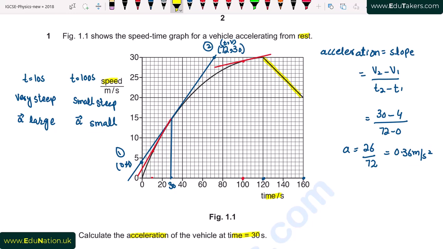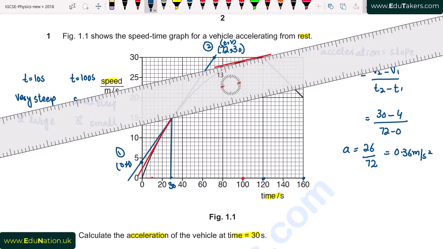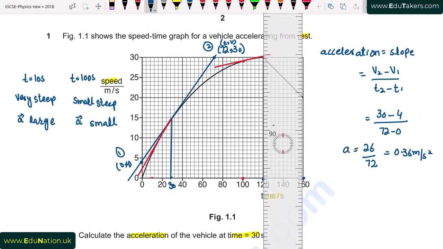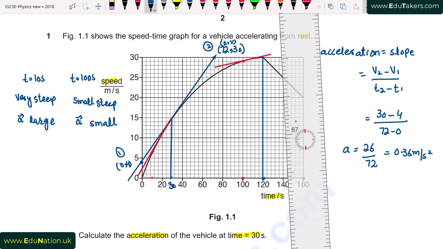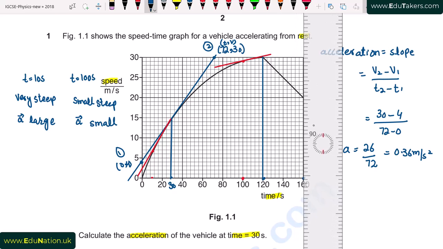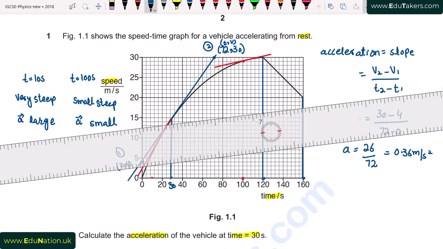So first of all, I use a ruler and join it with the x-axis. So we have to find out the area under this curve.